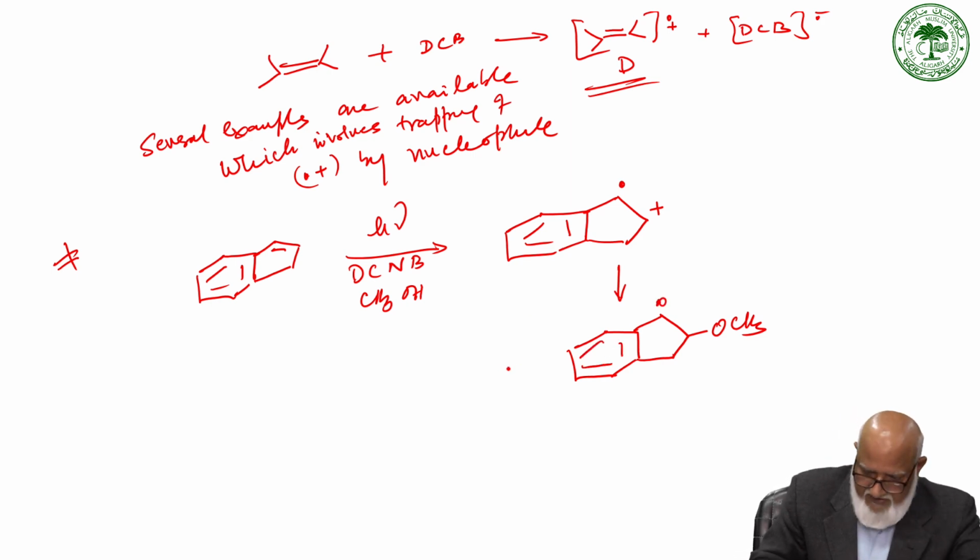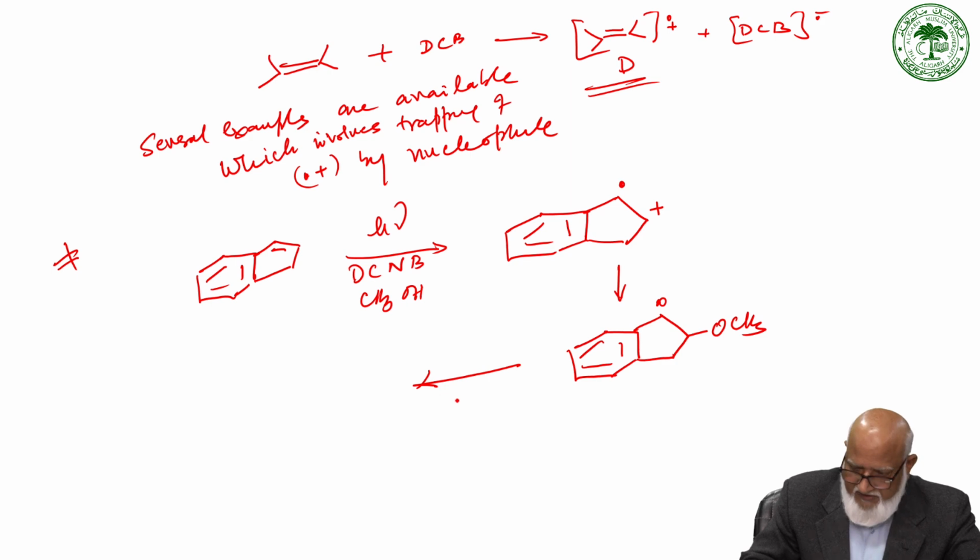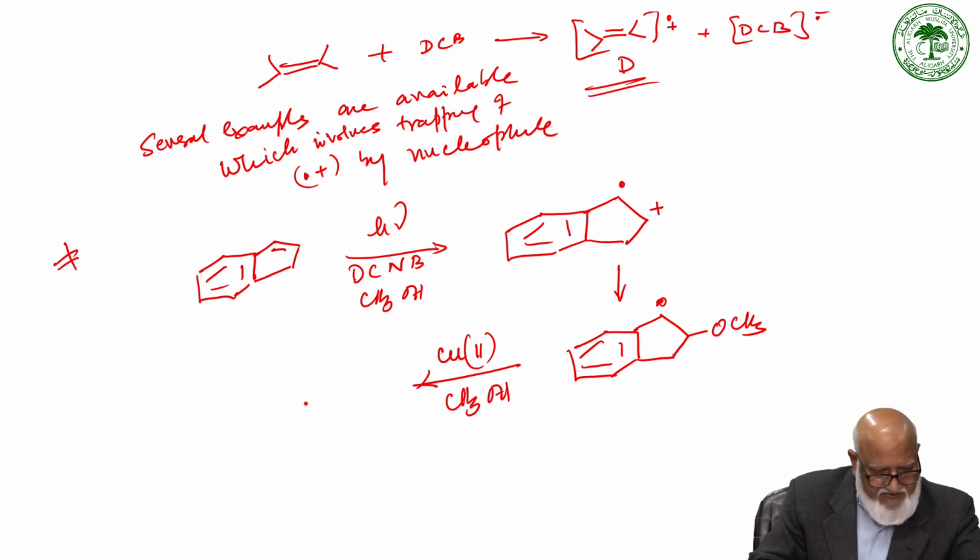Copper(II) has been used as another reagent for electron transfer, and it further generates a cation.